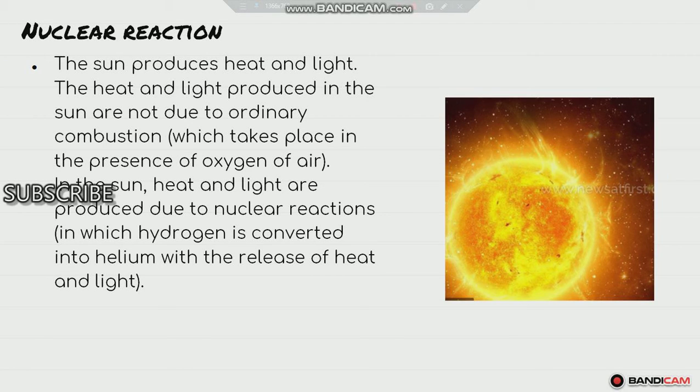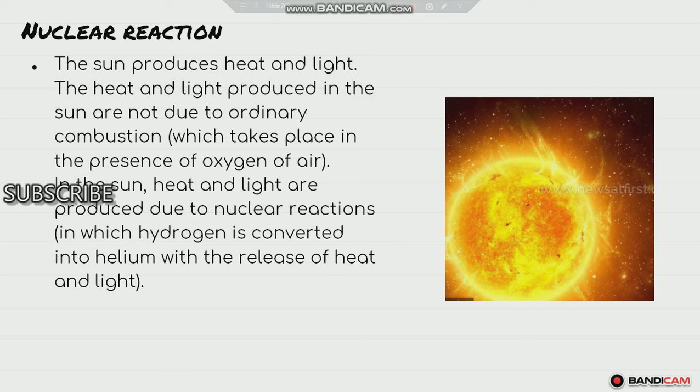Coming to nuclear reaction, you may wonder what is the need of nuclear reaction in this chapter, because we know the sun is nothing but a ball of fire. Then is the sun producing heat and light by combustion?